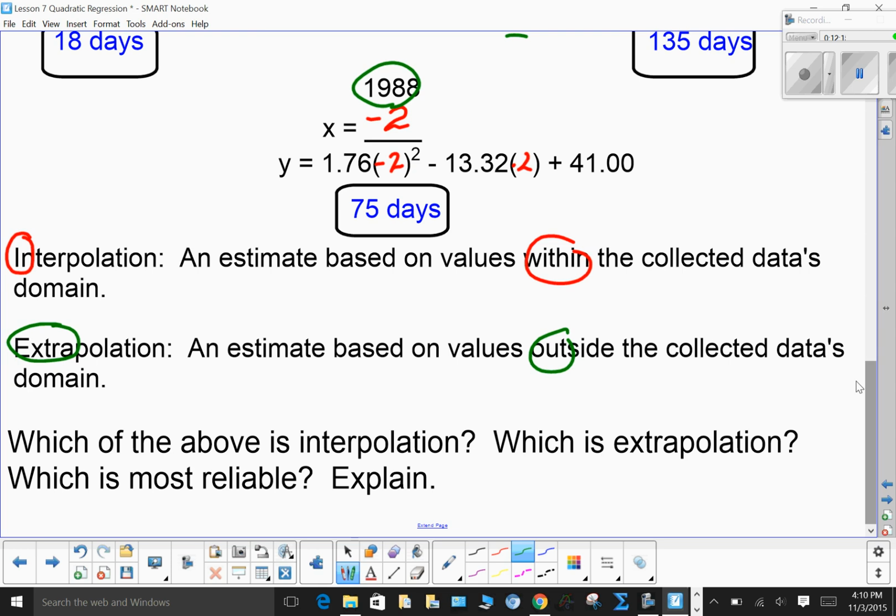Usually interpolation. Something could have happened either earlier or after the data was collected that might dramatically change the outcomes. If it's within the collected data's domain, usually any major event affects some of the data surrounding your particular prediction. So interpolation is the most reliable.